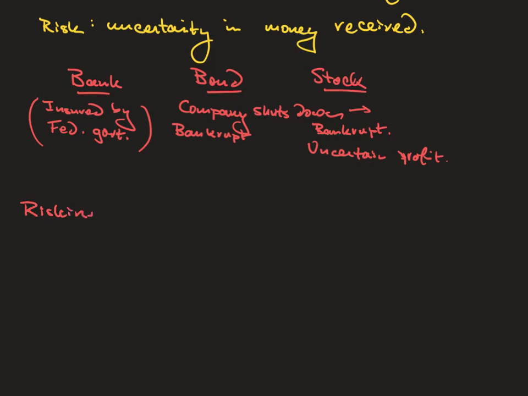So if we just compare these, stocks will always be riskier than bonds. A bond has a promise of how much they'll pay you, whereas a stock is just some share of whatever our profits are. Also, if there's limited money, bondholders will get money before stockholders. Now, banks are the most secure of all of these. So, what encourages investors or lenders to buy stock?